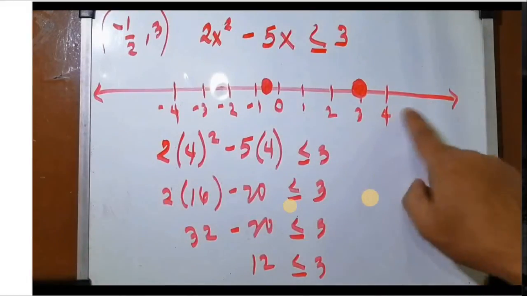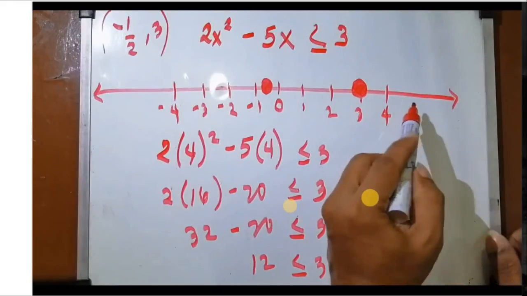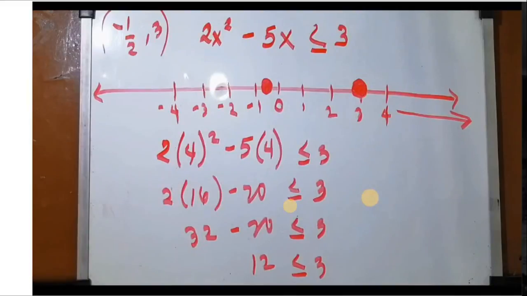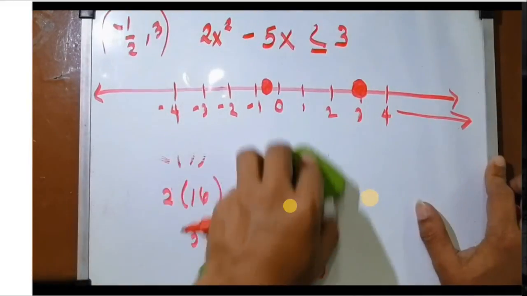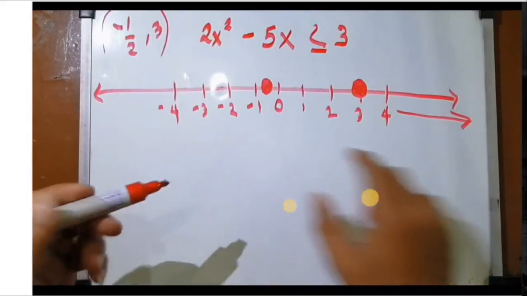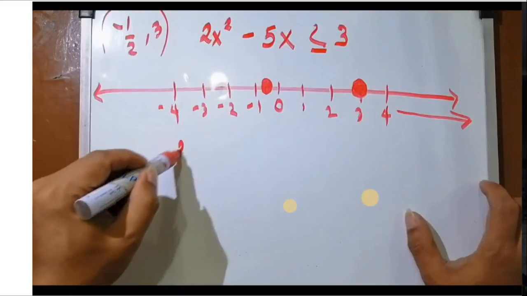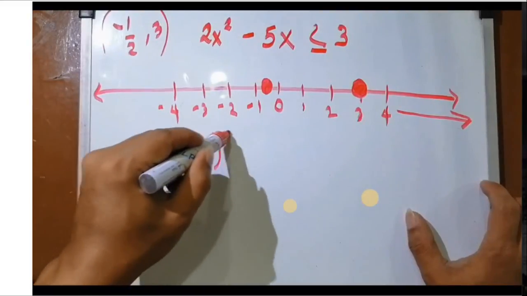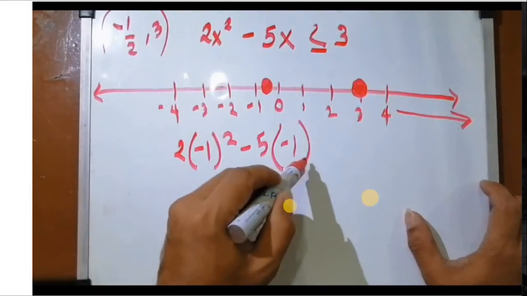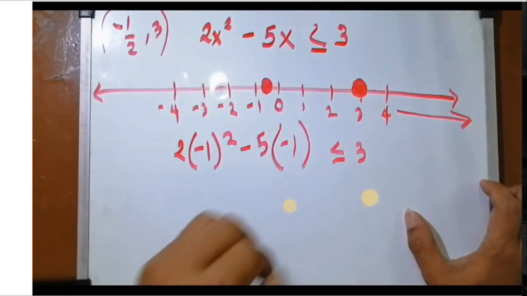So, kung si 4 hindi kasama sa solution, ibig sabihin lahat ng number dito, papuntang infinity, ay hindi kasama sa solution. Okay? So, try natin si negative 1. So, 2 times negative 1 squared minus 5 times negative 1, less than or equal to 3 ba siya?